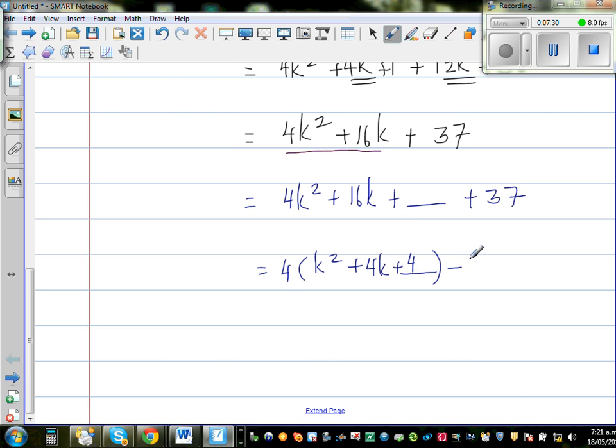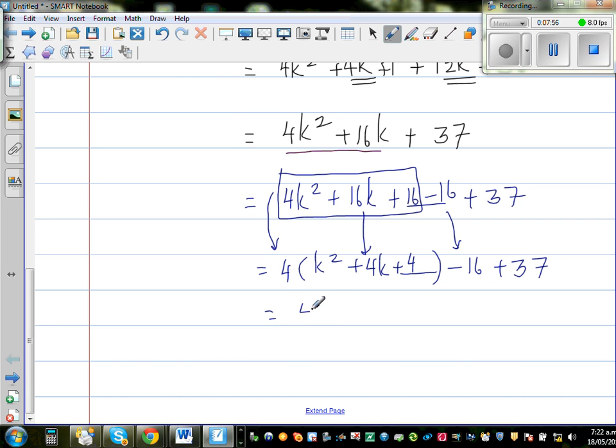So I'm going to take away 16: plus 16 minus 16. I've added 16 and taken away 16. I've factored out a 4, and this has become k plus 2 the whole squared inside the bracket. This is minus 16 plus 37. So this is 4 times (k plus 2) the whole squared, plus 21.